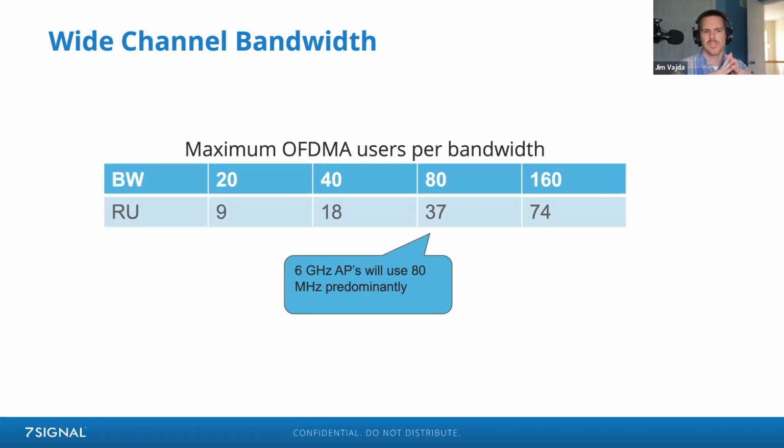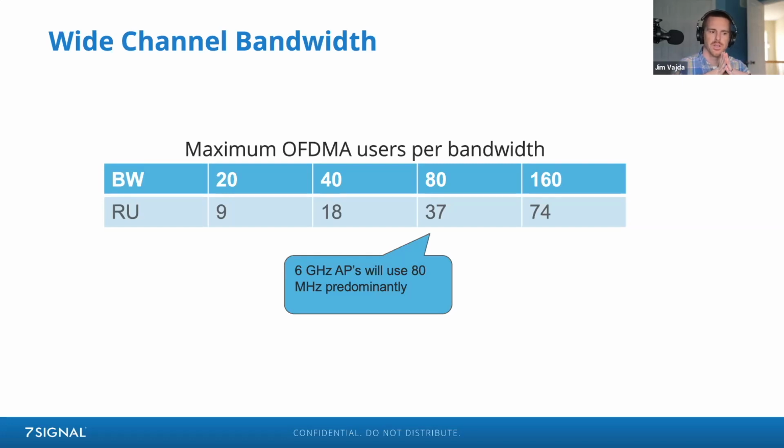But that limits how much spectrum is available for OFDMA and the number of users, although we could still do 9 at a time in a 20 megahertz channel. But in 6 gigahertz, where we'll have, again, 80 megahertz channel widths predominantly, now the scheduler can schedule up to 37 clients at a time.